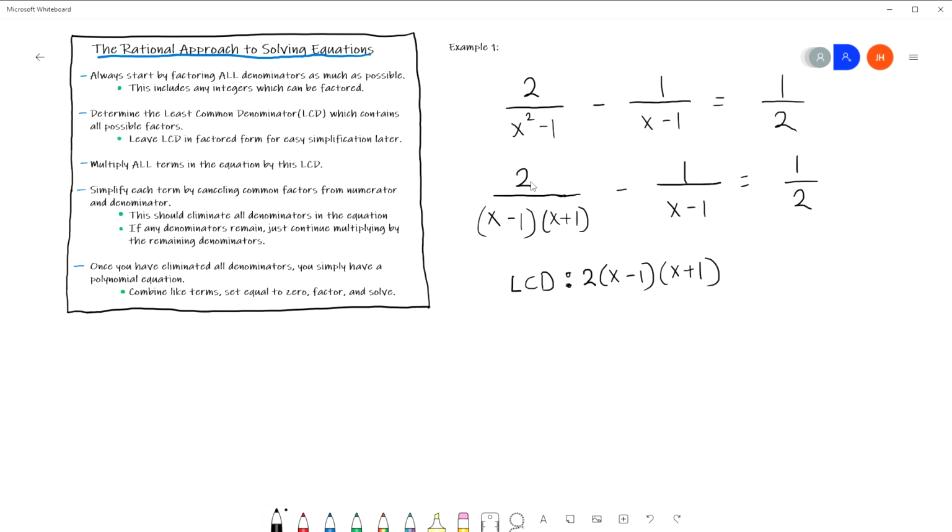So I'm going to multiply every single term by 2 times x minus 1 times x plus 1. So here I would get 2 times 2 times x plus 1 times x minus 1. You'll notice I already switched them. I'm going to write it the way that we had it written, just for the sake of clarity. It doesn't really matter, but I feel like it. So I'm multiplying that on the top of this expression.